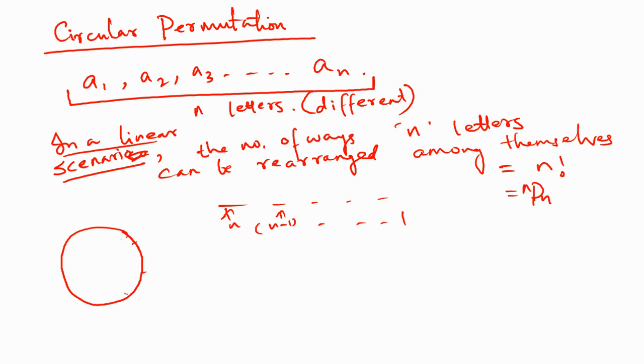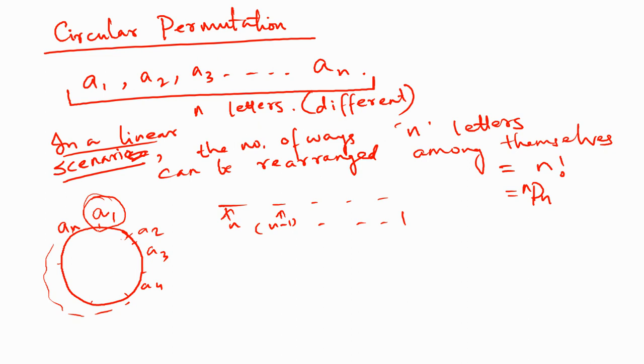In a circle, all the spots are the same, wherever we put the first letter a1. So let's put a1 at some spot here. We will fix this spot, and relative to it, all the other letters a2, a3, a4, up till an will change.